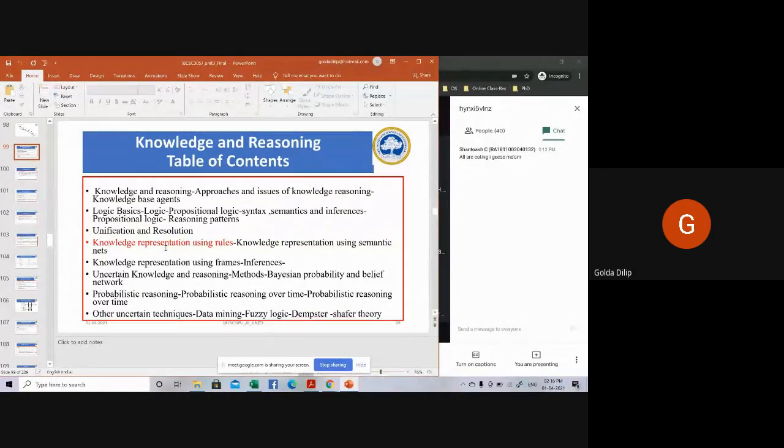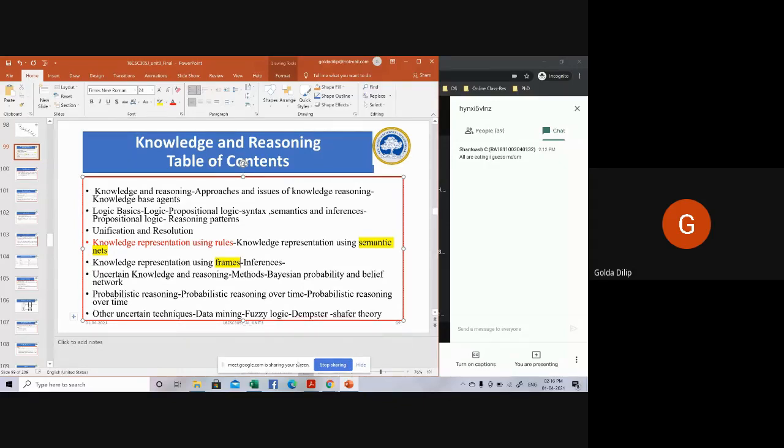We have something called semantic nets. Then we have something called frames. All these techniques, these diagrammatic representations, semantic nets, frames, come under the category of definite knowledge having a definite structure.